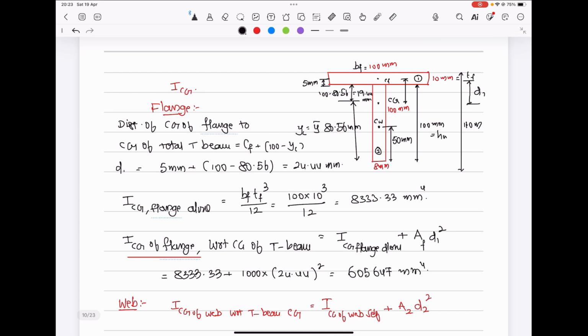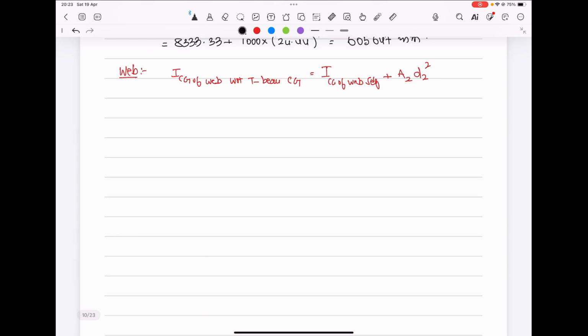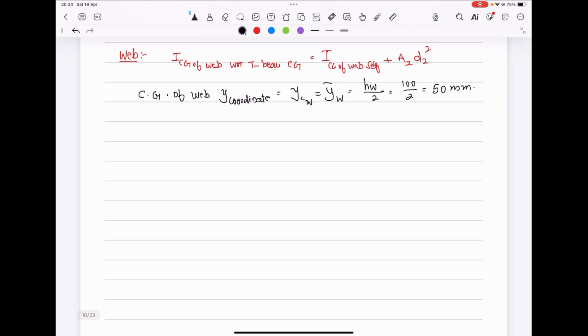Center of gravity of web y coordinate is equal to YC web, that is y bar web, is equal to HW by 2, that is 100 by 2, that is 50 mm. For clarification, refer to my previous lectures. When a rectangle is there, the self center of gravity will be at a height of h by 2, that is 100 by 2, 50 mm.